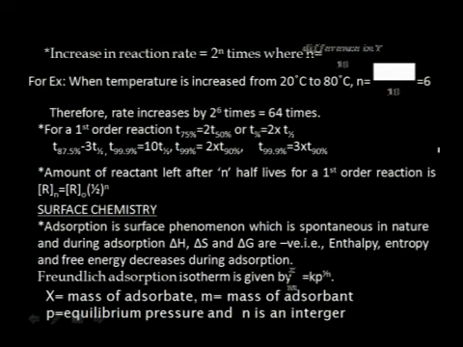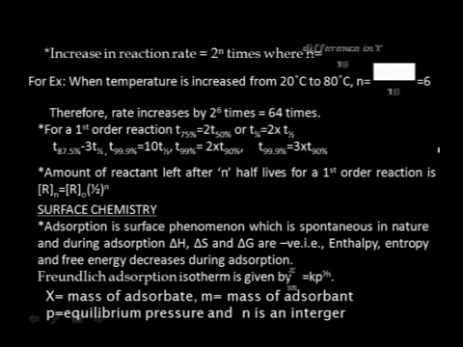Obviously, the new rate would be rate equal to k into 4X and then 4Y, and so when you multiply 4 to the power 1 into 4 to the power 1, the rate increases 16 times, and the correct option becomes option D.